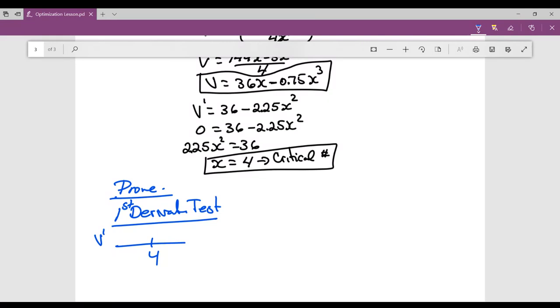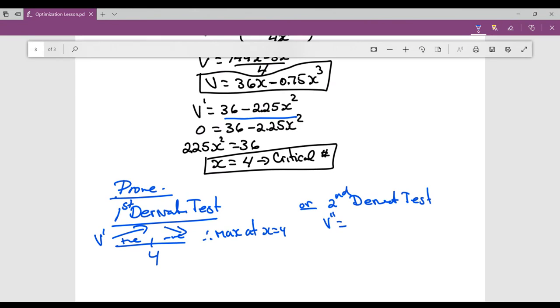It doesn't really matter. Put in 0, it's the easiest one. Put 0 into V prime, I get a positive, so we're going up. Put a number bigger than 4, I get a negative, so we're going down. Or you can do a second derivative test.